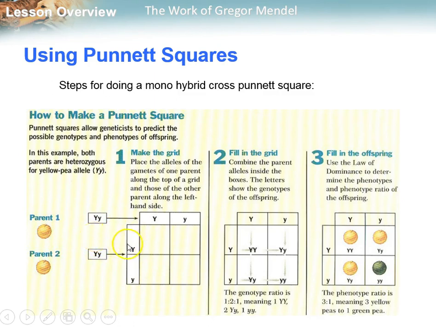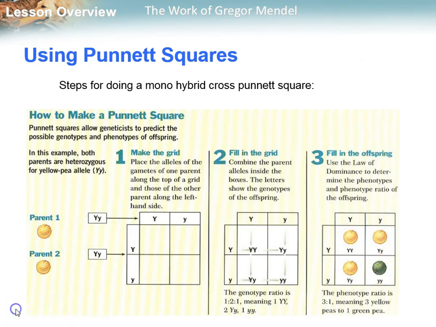So, if this egg came together with this sperm, we would get big Y. If this came together with this, then we would get heterozygous, big Y, heterozygous, little y, homozygous recessive. So if I was to look at the phenotypes, I would say that I have a 3 to 1 phenotype of yellow to green.